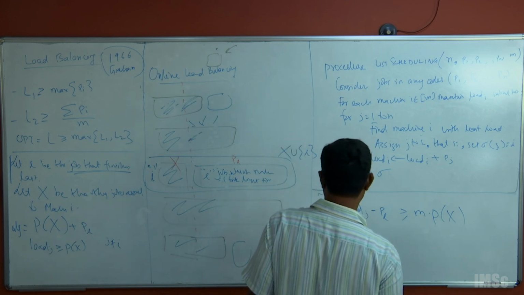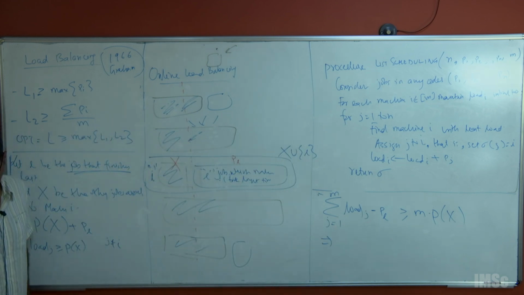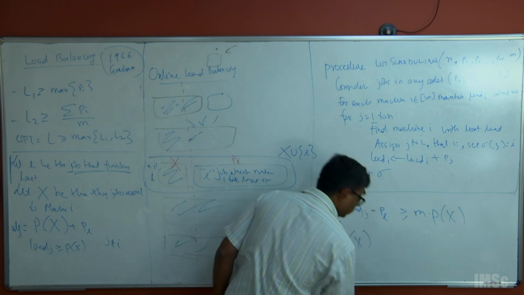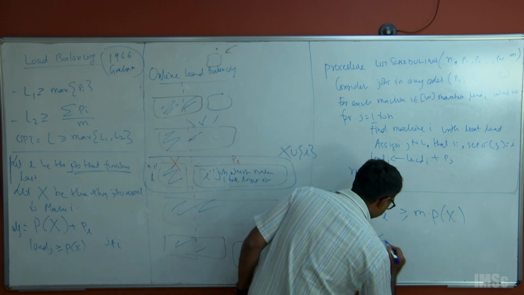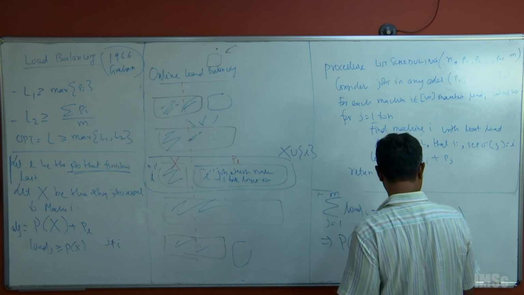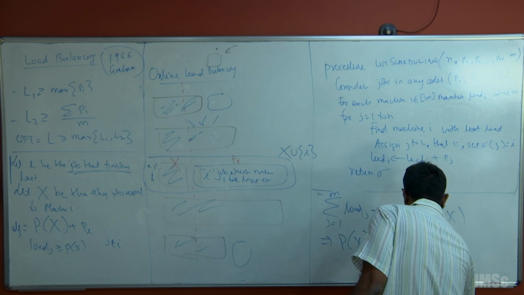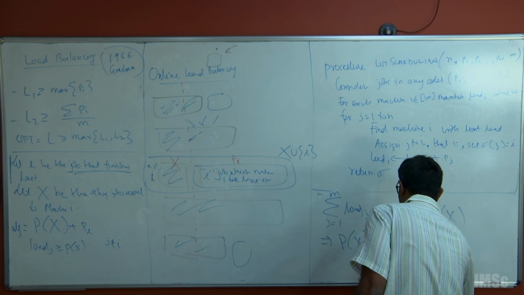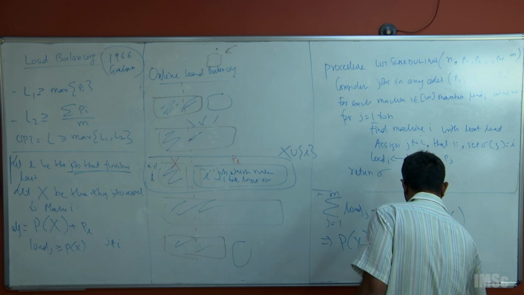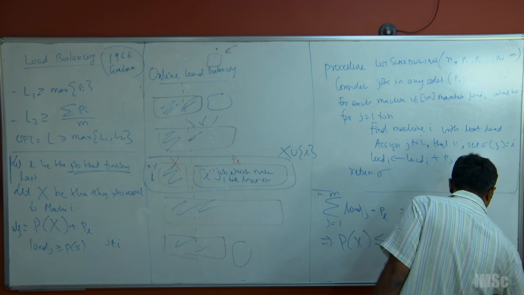So what can I say about all this? P of x is less than or equal to summation j equal to 1 to m load j, 1 over m, minus pl divided by m.